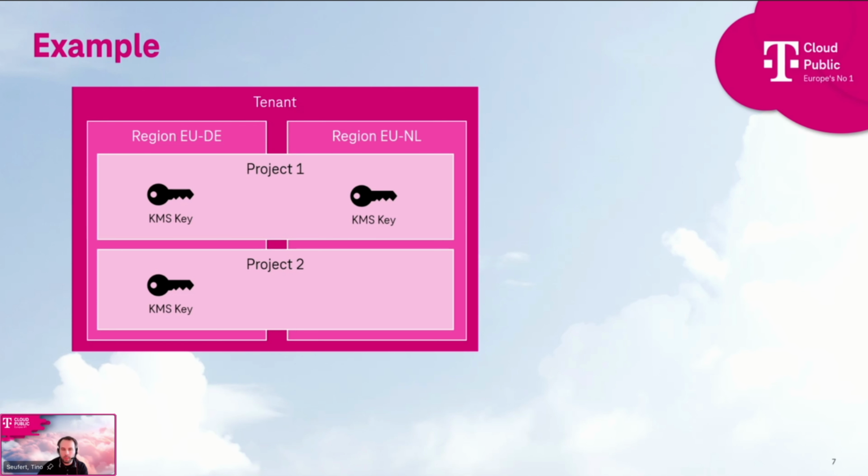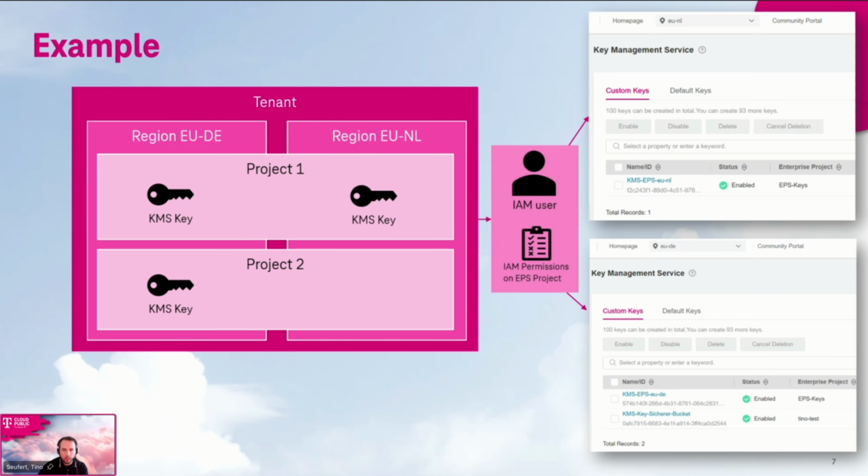Then I use IAM, Identity and Access Management, to also authorize access to the enterprise projects. Basically, with that I can control access to the project, and I will show it in a few minutes. What you can see here on the right side is when I'm logged in as the user who has been granted permissions, on the top you see I'm browsing the Netherlands region.